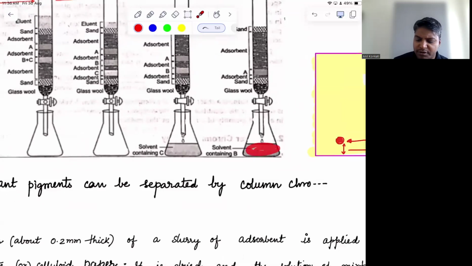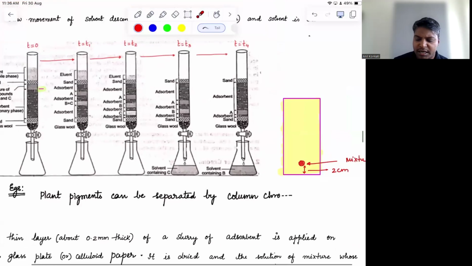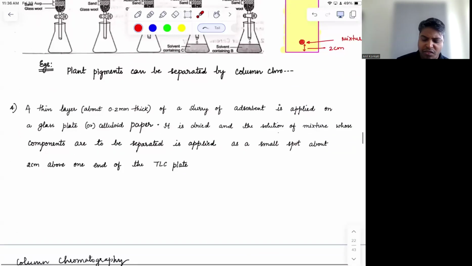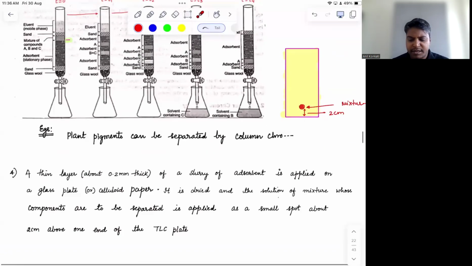Then after some time, you will get B here, and after some time, you will get A here. So that's how you are able to separate it using adsorption chromatography. Clear, everybody?